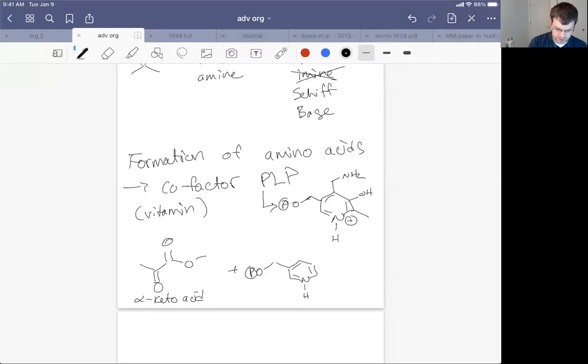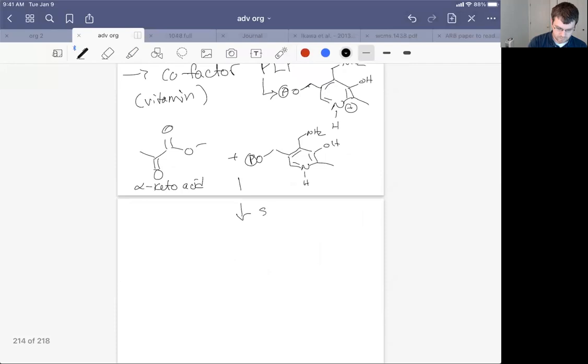Now, where does the reaction take place? It takes place on the amine to form a Schiff base imine. And so what happens here is it's the carbonyl that's a ketone, not a carboxylic acid, that forms the Schiff base.